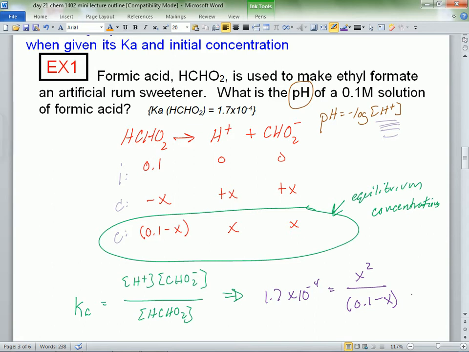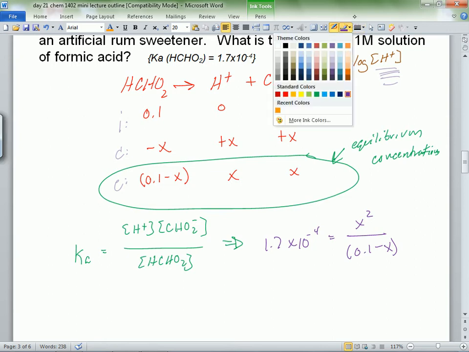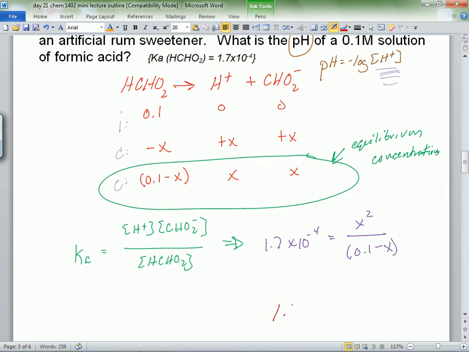Okay. Now, wouldn't it be super nice, Lauren, if I could write this in, I don't know, this color, the color of blood, because if we screw up, it's going to be bloody. Would it be nice to write that? And if so, why? Why would that be nice?